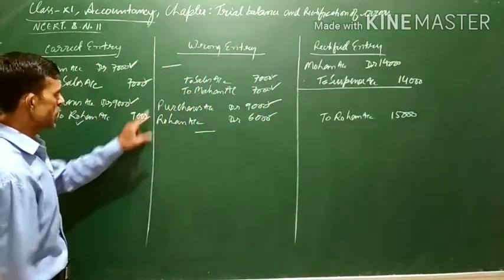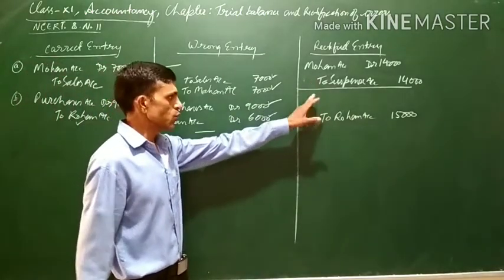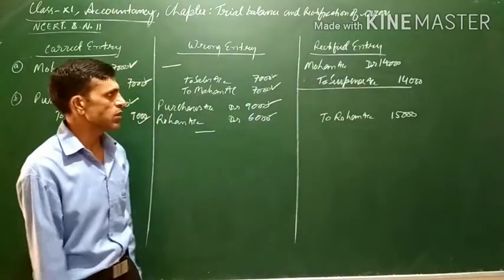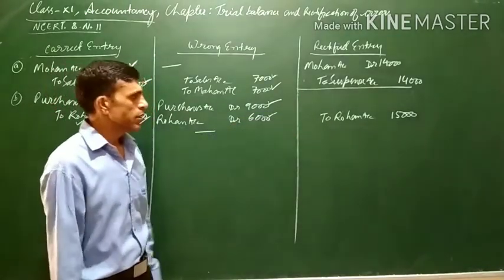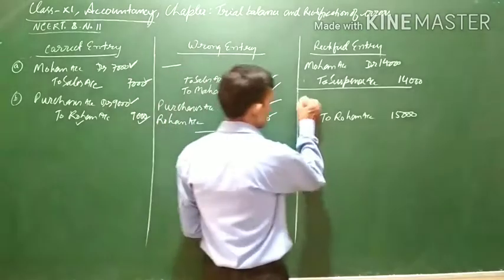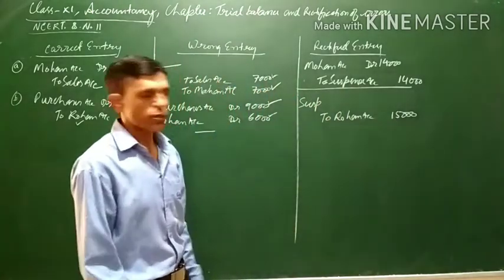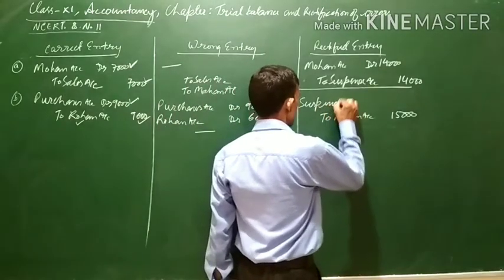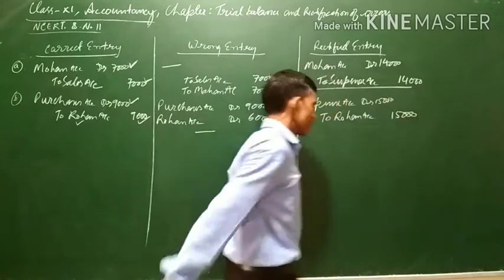Everything has been rectified, nothing is left. Since in a rectification entry one aspect should be debited and the other credited, and no other account is there, we will open suspense account and this 15,000 will be transferred to suspense account. Suspense account debit 15,000.